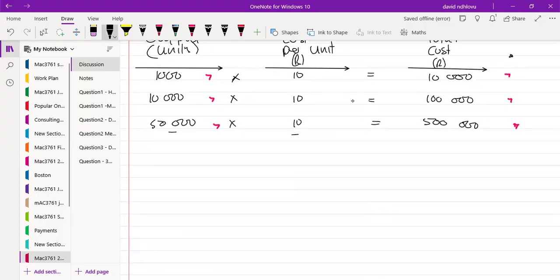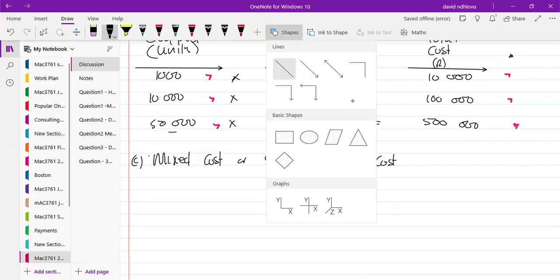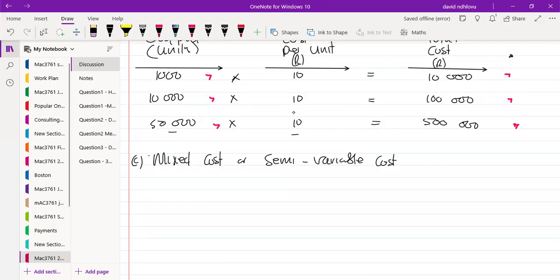Right. And then we also have what is called a mixed cost, or semi-variable cost. So when it comes to this particular classification, this is what we are saying.